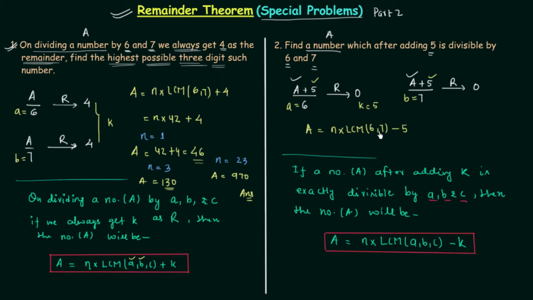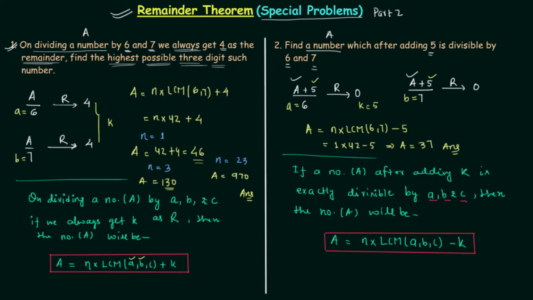LCM of 6 and 7 is equal to 42 and I will consider n as 1. So 1 multiplied by 42 minus 5 will give us A equal to 37. So this is the answer of the second problem.